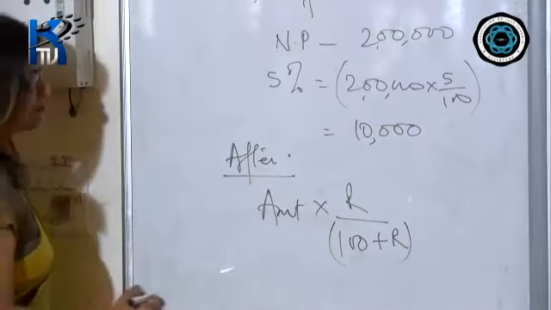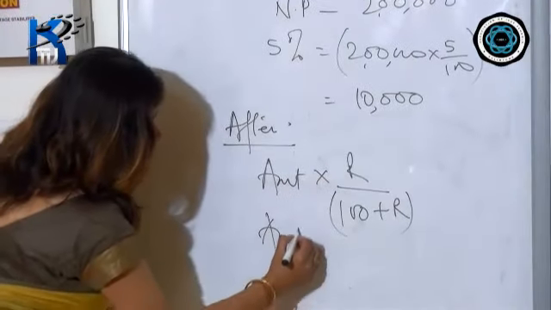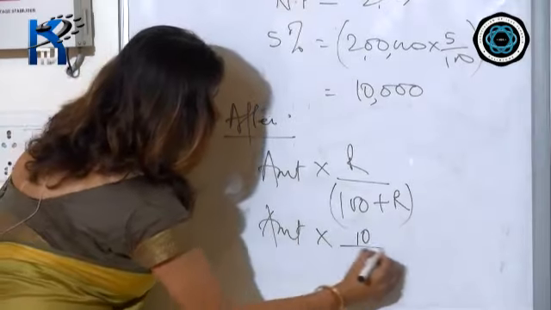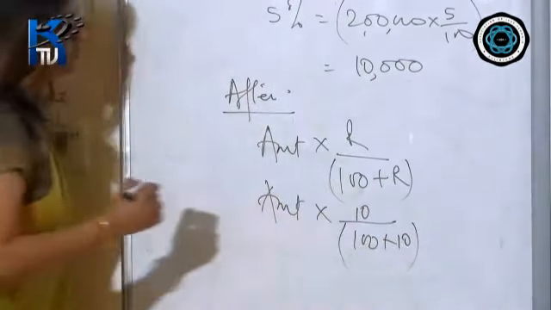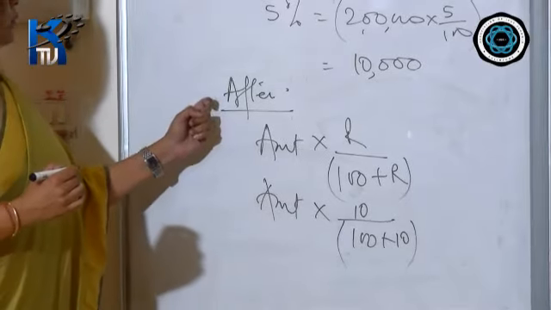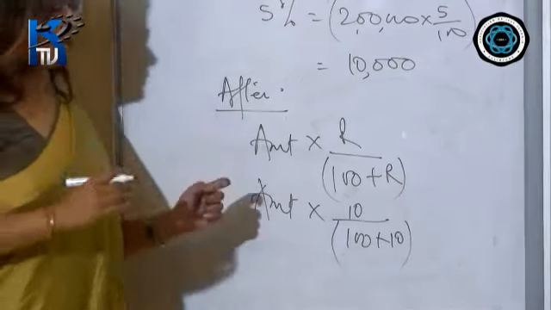Supposing the rate is 10%, it comes out to be amount into 10 upon 100 plus 10. So this gives you the clear picture when the word after is there.